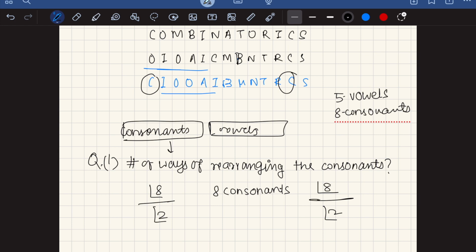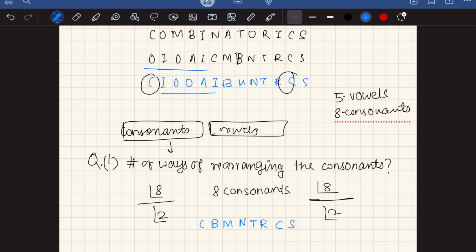The 2 factorial thing I didn't get. No, this 2 factorial is not for vowels. Vowels are out of the picture right now. We are only focusing on consonants. So what are the consonants? Let's write that down: C, B, M, N, T, R, C, S. These are the 8 consonants that you have, and 8 factorial is the number of ways in which you can arrange them.